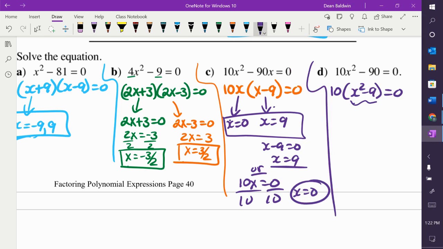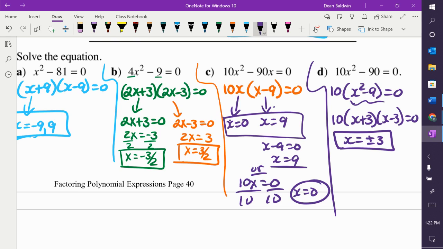You factor this, which is a difference of squares. So what does x equal? X is equal to plus or minus 3. Whatever makes the brackets equal to 0 with the variable. The 10 is irrelevant out there.